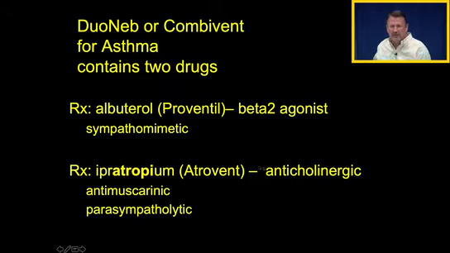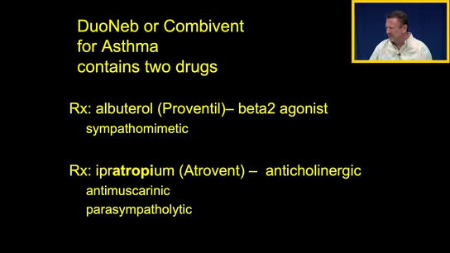But it has the same effects even though it's through completely different pathways. This is going to affect beta receptors that are sensing norepinephrine and epinephrine. And this is blocking the system that is sensing acetylcholine, the muscarinic system.